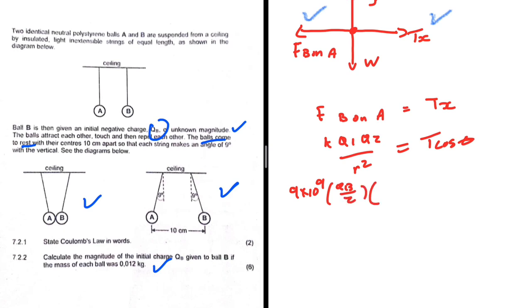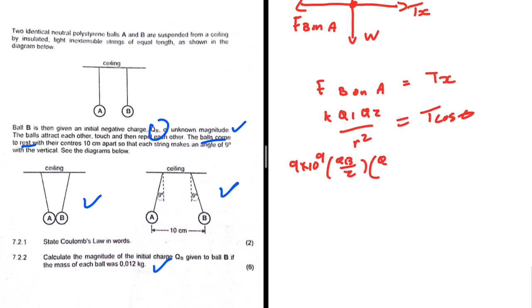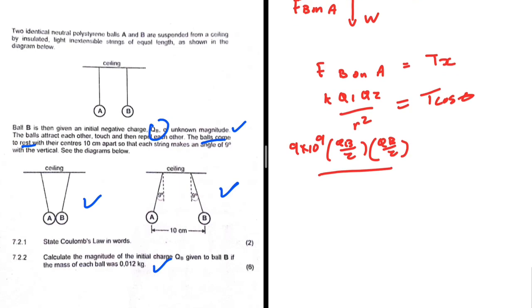And then the magnitude on B is also QB over 2 after the charge, divided by the distance between them squared. The distance between them is 10 centimeters, but we use meters in physics, so that is 10 divided by 100, dividing by 100 to convert centimeters to meters. We square that. That is equal to T cos of theta.